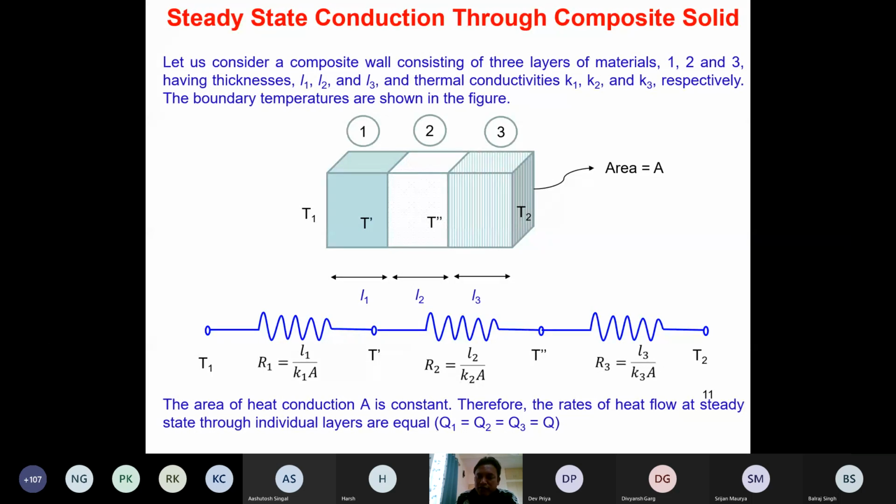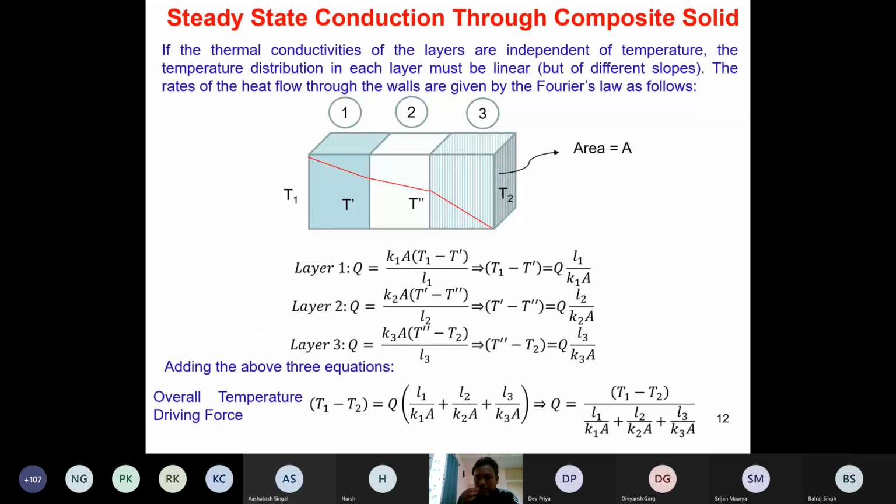If we apply Fourier's law for the first layer, we get the net rate of heat transfer Q as K1A (T1 minus T dash) divided by L1, where T1 is the temperature outside the first slab and T dash is the temperature at the interface. Here K1 is the thermal conductivity of material 1, and similarly we can write the expressions for layer 2 and layer 3.